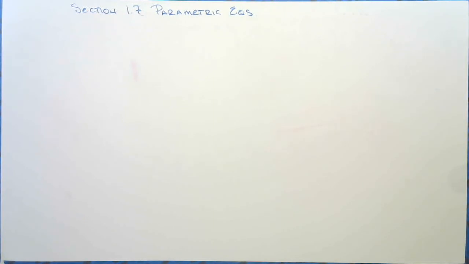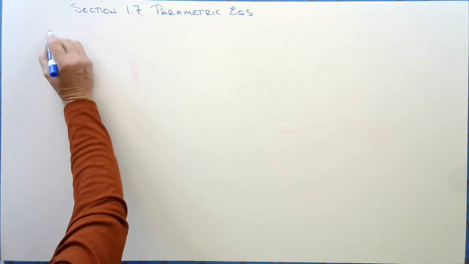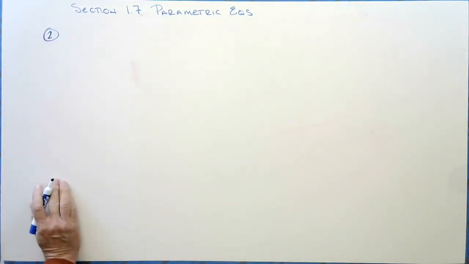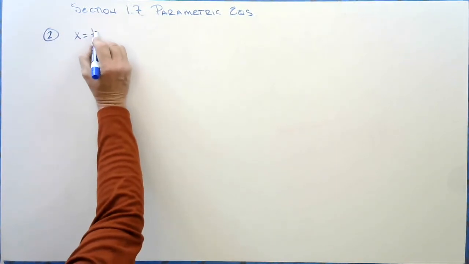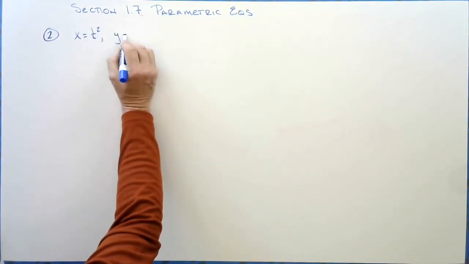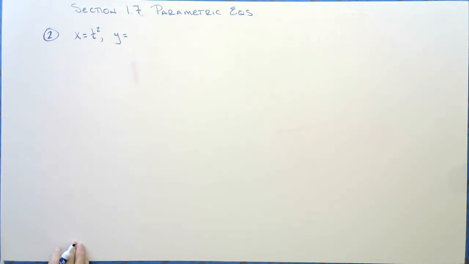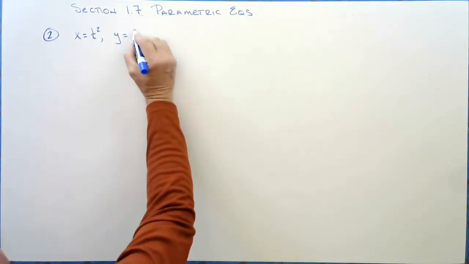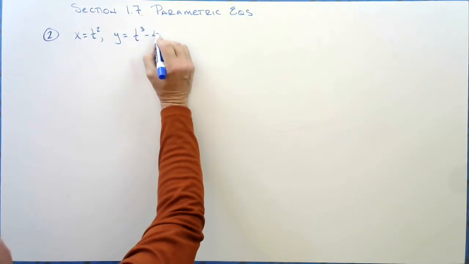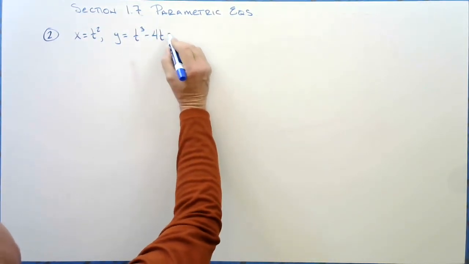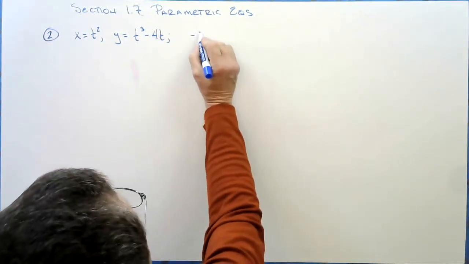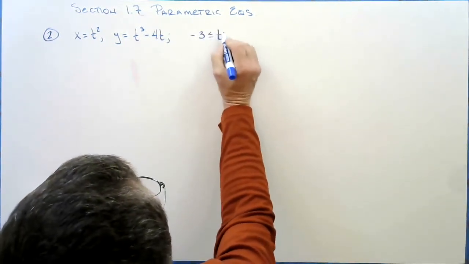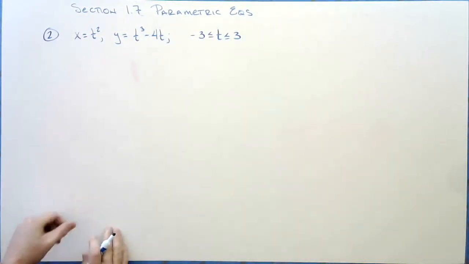So the first example I'll work on will be homework problem number 2. Number 2 says x equals t squared, y equals t cubed minus 4t, and the bounds given to us for t are -3 is less than or equal to t is less than or equal to 3.